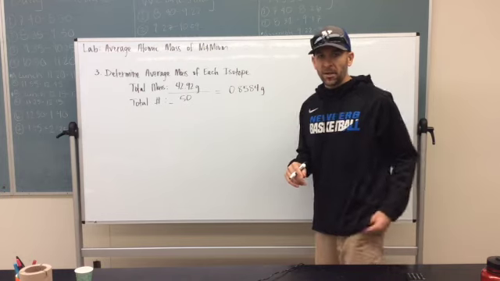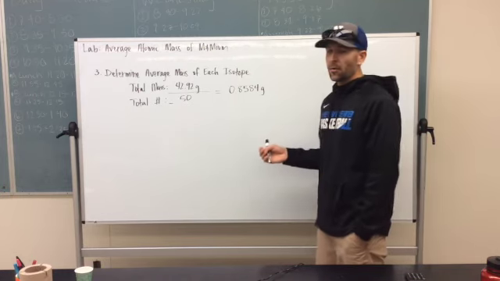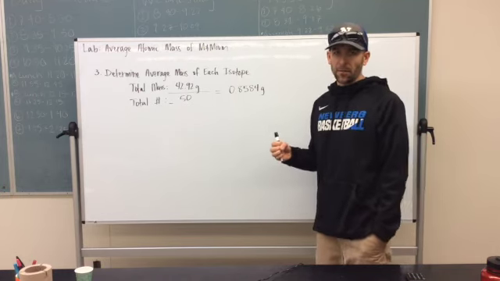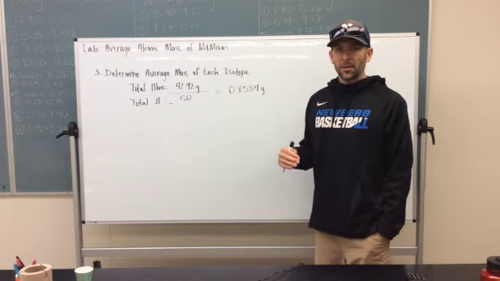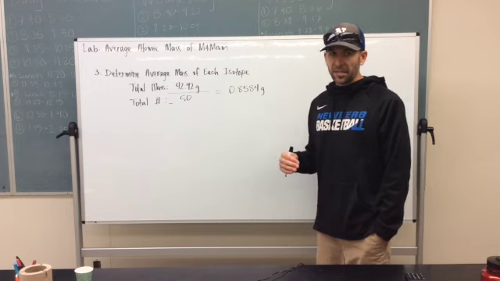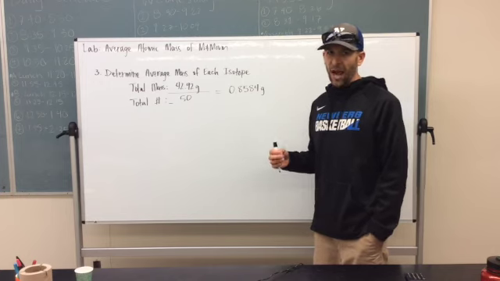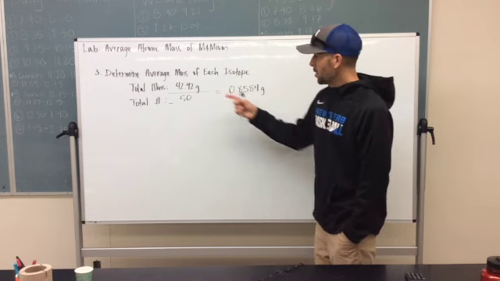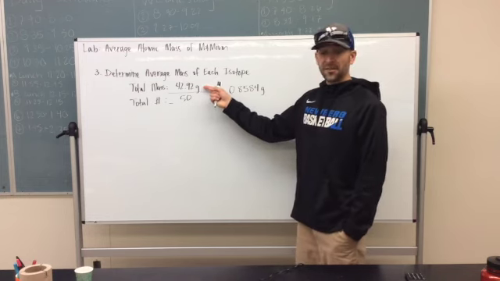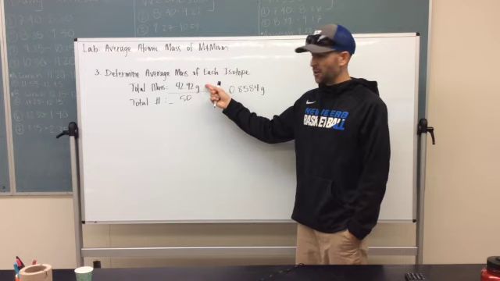Now, before we can finish this answer correctly, we need to round it to the correct number of significant figures. Because we are performing division, we can only have as many significant figures in our final answer as the measurement with the least number of significant figures. This measurement has 4 significant figures.